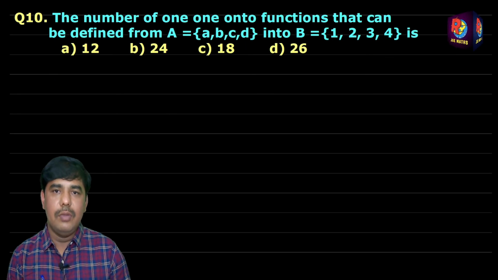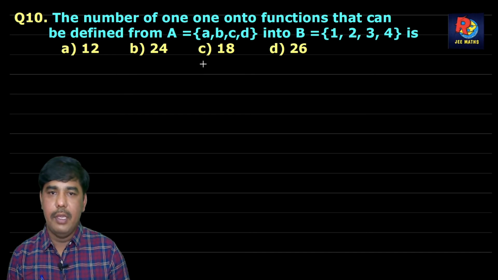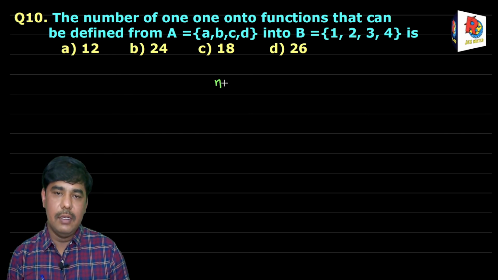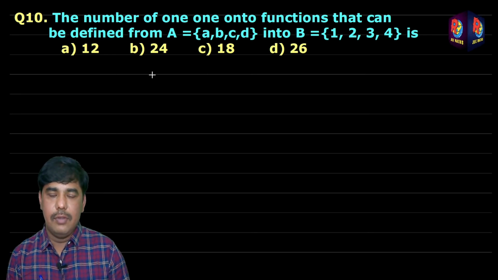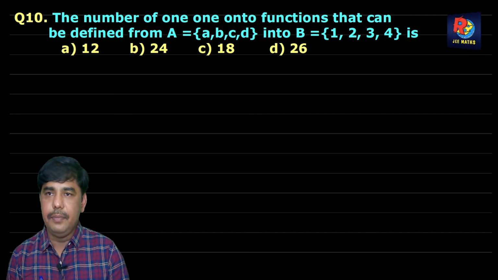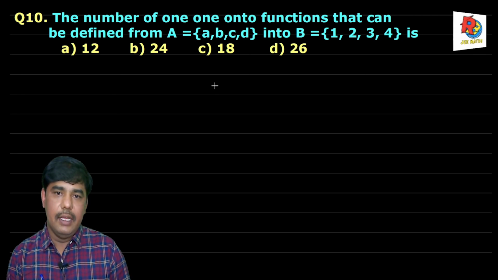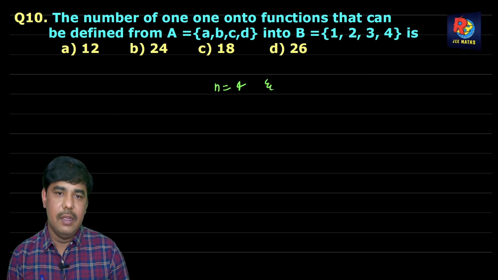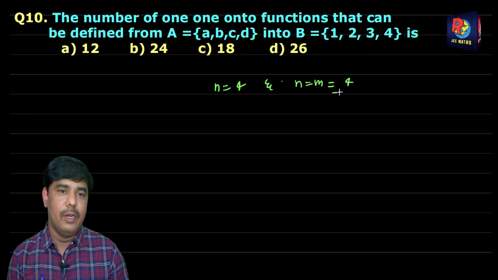So let us go for one example. Set A contains n equal to 4 elements, and set B also has n equal to m, that is 4 elements.